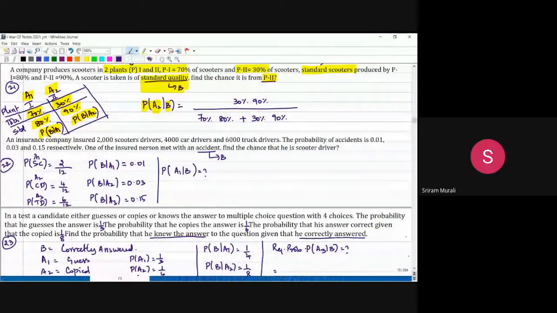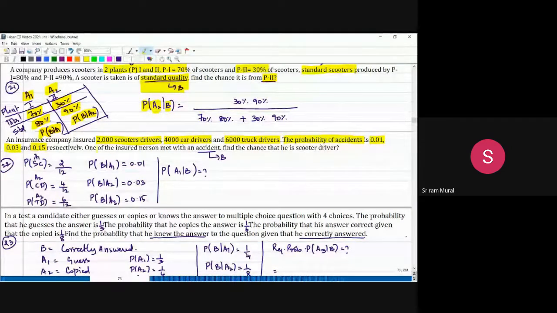An insurance company insured 2,000 scooter drivers, 4,000 car drivers, and 6,000 truck drivers. So the total number of drivers we have to compute. Now, the probability of getting an accident by a scooter driver is 1%, car driver 3%, truck driver 15%.